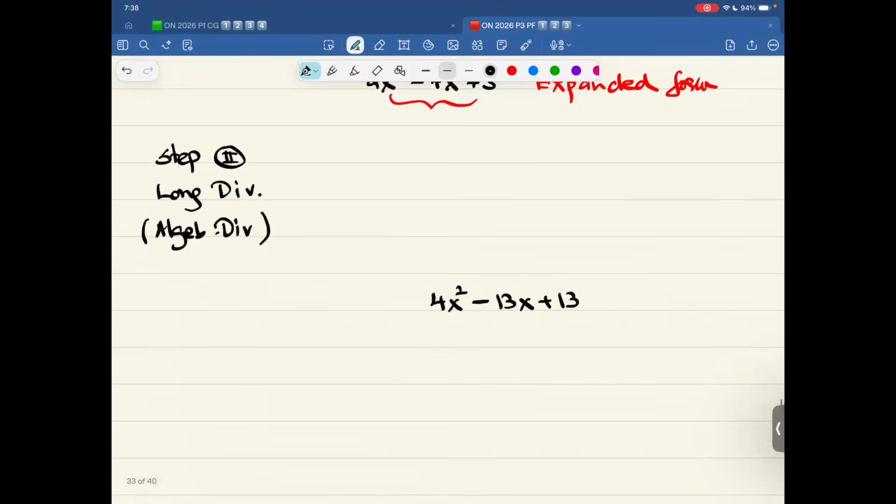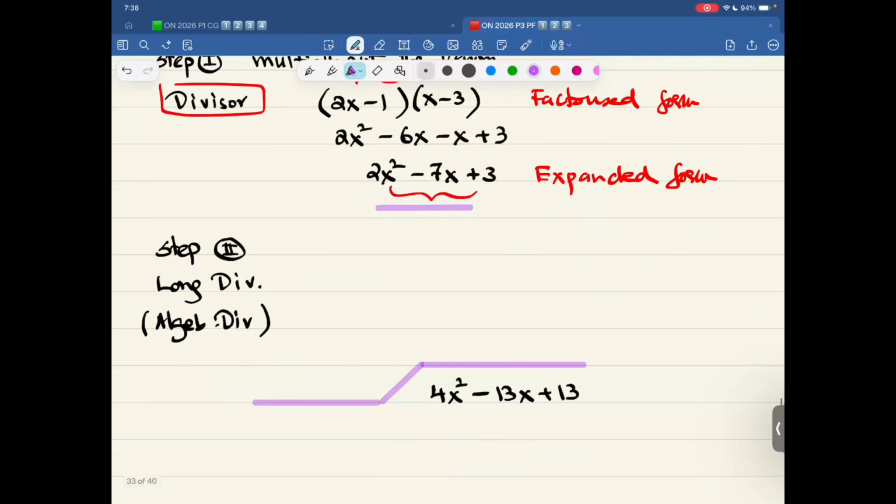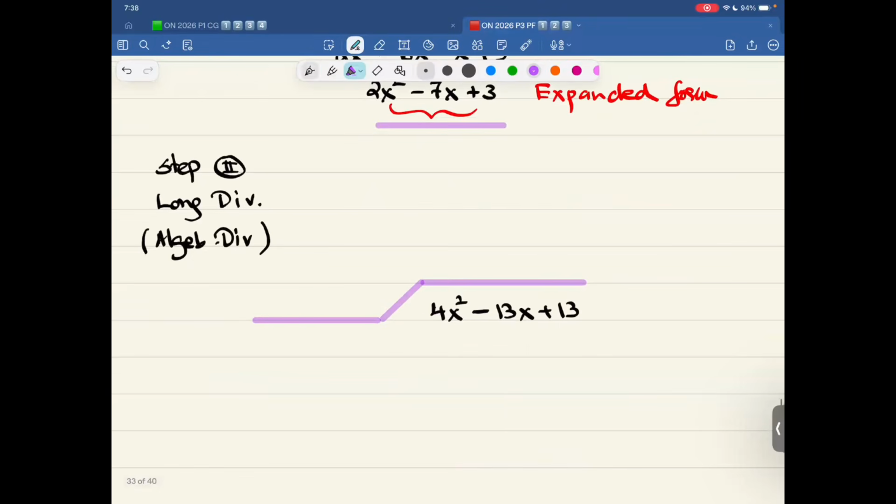Now, if I do the long division, let me write 2x squared minus 7x plus 3. Take the highest power and divide. So 4x squared over 2x squared is 2.